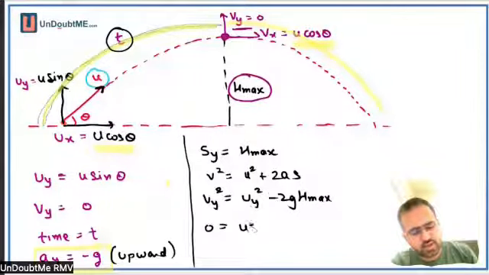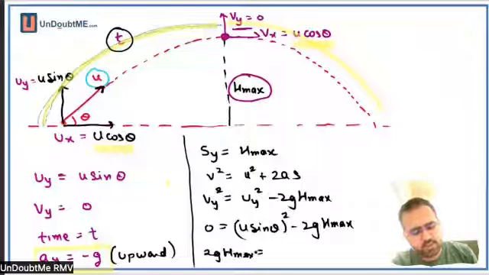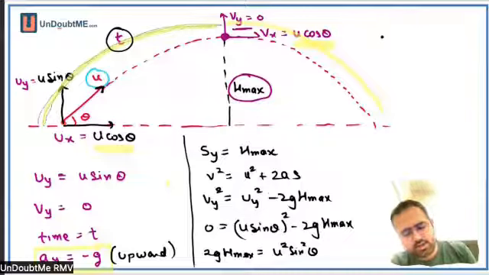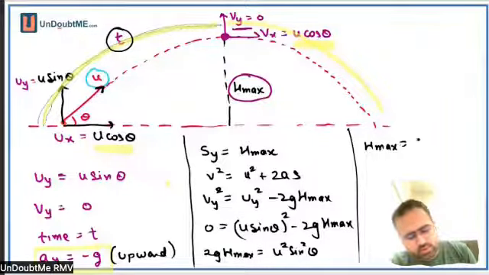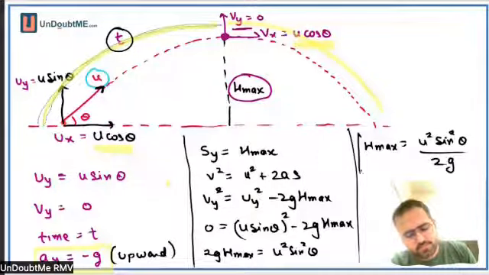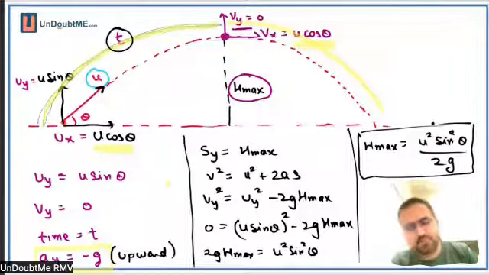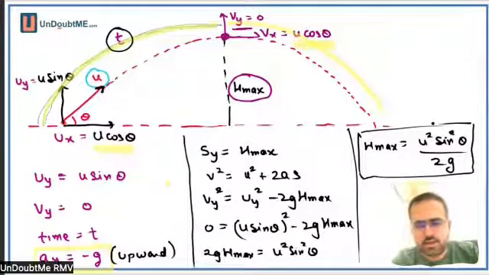Uy is U sine theta whole squared minus 2g Hmax. 2g Hmax goes on the other side, is equal to U square sine square theta, and that will finally give me Hmax is equal to U square sine square theta by 2g. Have a look at the calculation. This calculation should be clear.